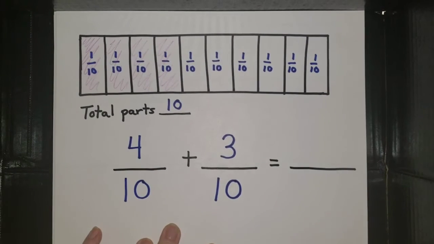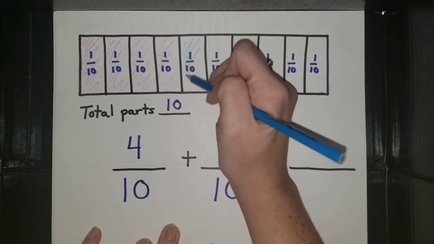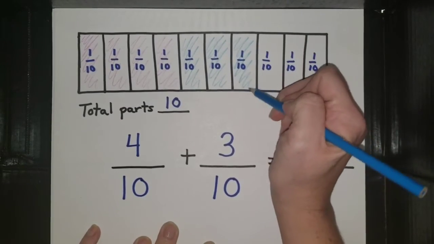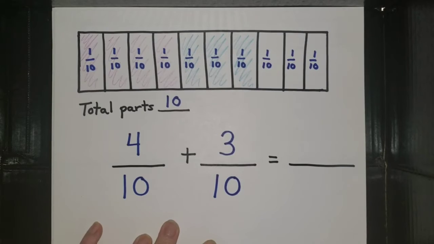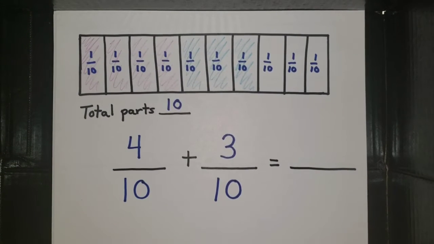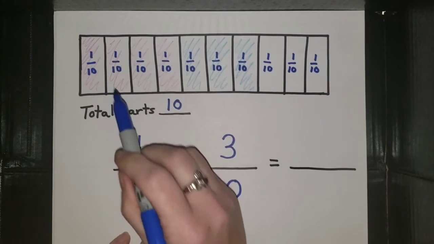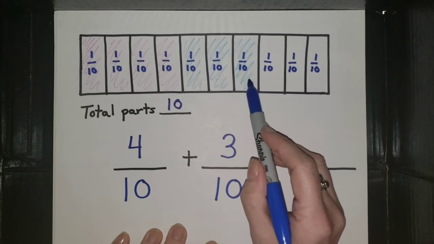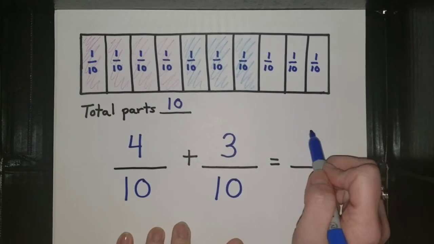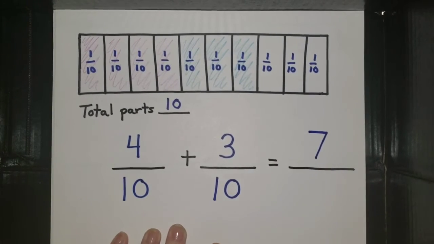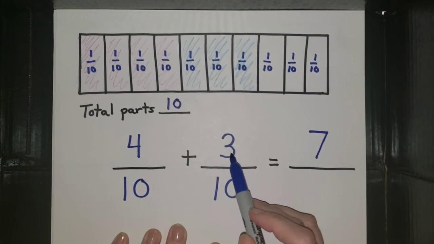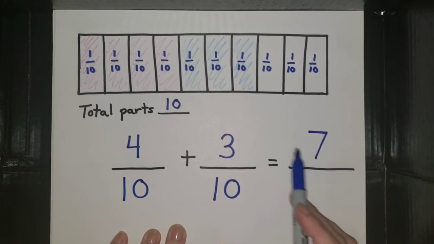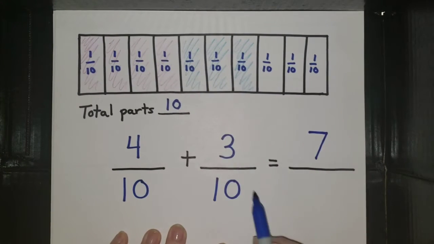And then to represent 3/10, 1, 2, and 3. If I count the boxes that I shaded in, those equal parts, 1, 2, 3, 4, 5, 6, 7. 7. When I add 4 and 3 using my mental math strategies, I also get 7. So 7 must be the correct numerator.